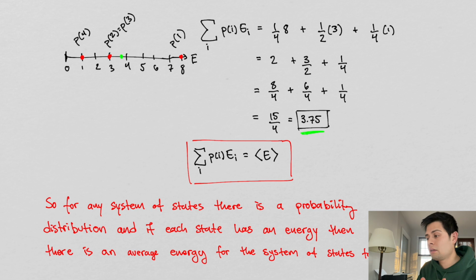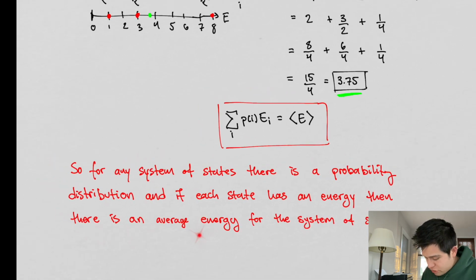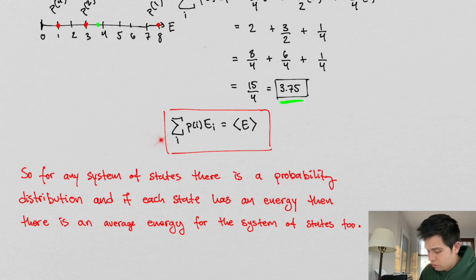It can be a number associated with the momentum of a particle, or its velocity or its mass. It doesn't have to be an energy, but energy is going to be particularly useful when we start talking about statistical mechanics. Anyways, if each state has a particular energy, then there is an average energy for the system, and that average energy is given by this equation.